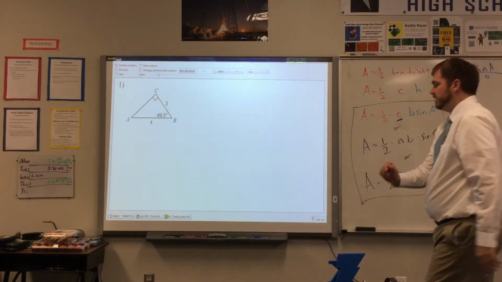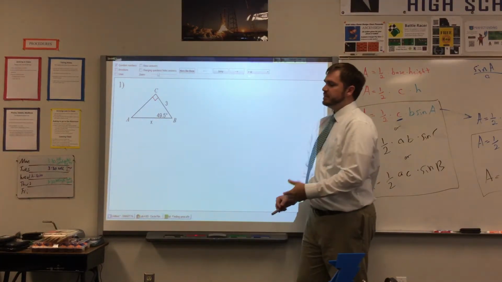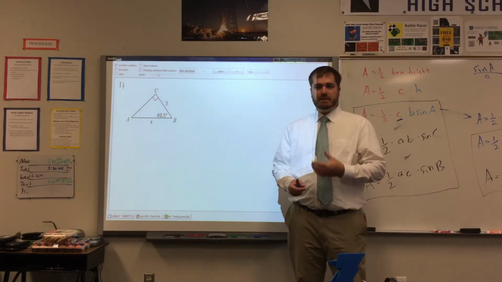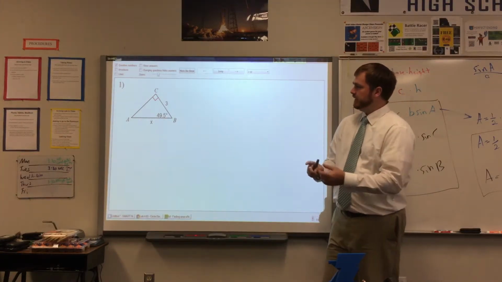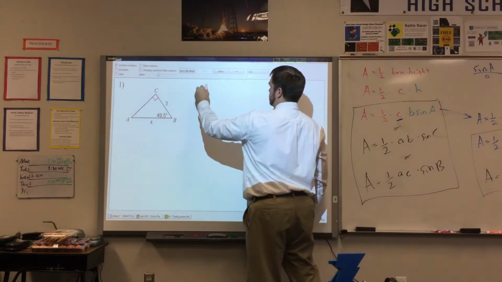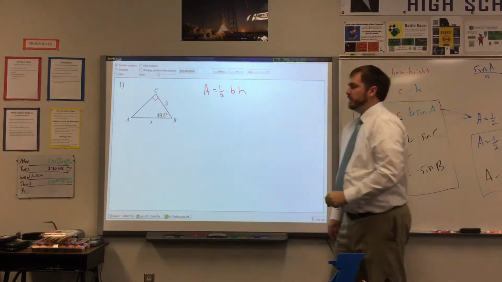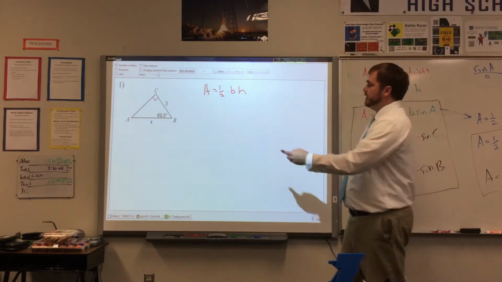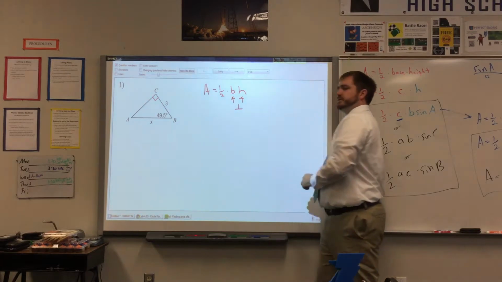Okay. First problem, I did not even give you the formula for, because this is a pretty basic type. This is how to find the area of a right triangle. What's the formula for the area of a triangle? 1/2 base times height. Little side note, the base and the height are always perpendicular to each other.